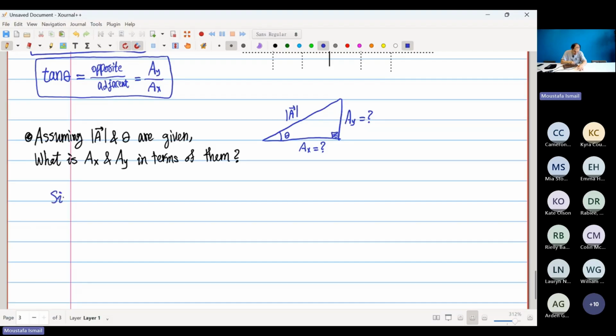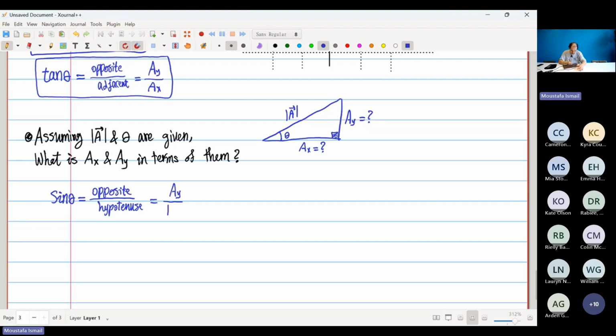So sine of theta is equal to opposite over hypotenuse. So the opposite here is ay.